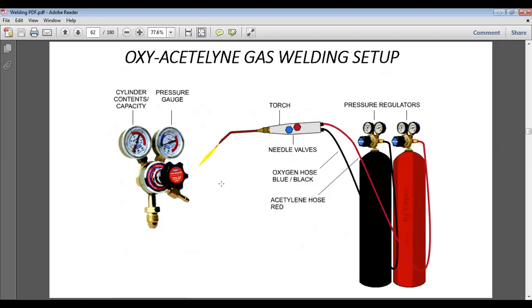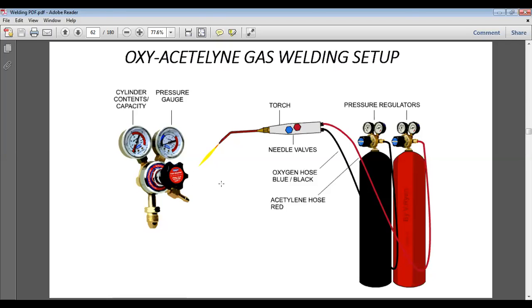In case we are asked how to explain oxyacetylene welding, we need to draw a diagram of the equipment and explain the procedure. First of all, we have to explain the oxyacetylene welding setup. This setup means the equipment that is used. There we have two types of cylinders.